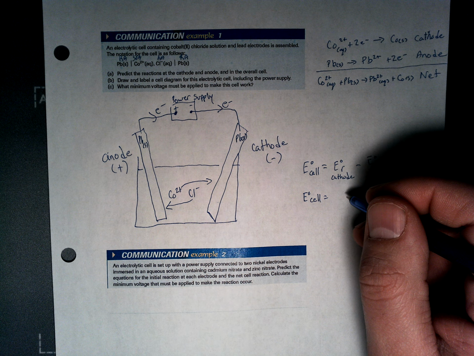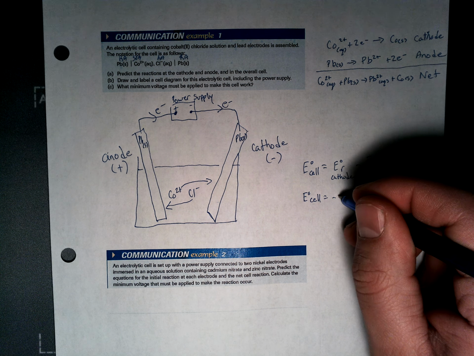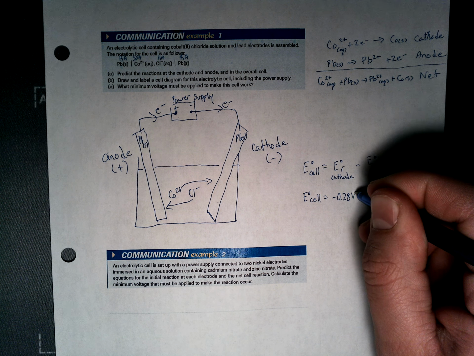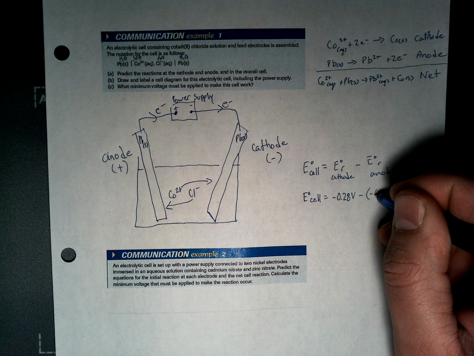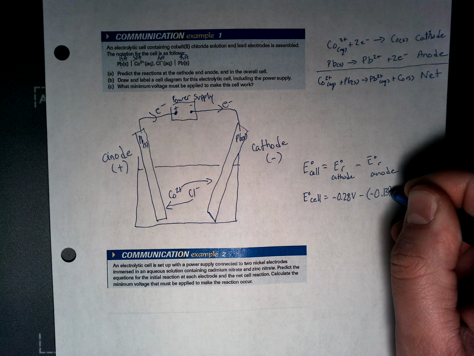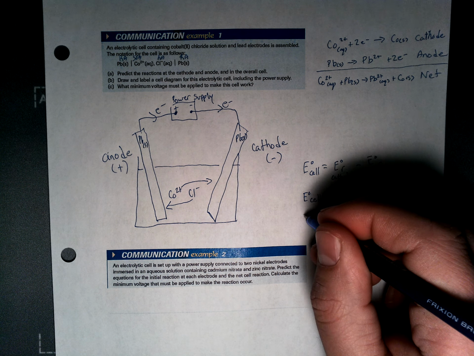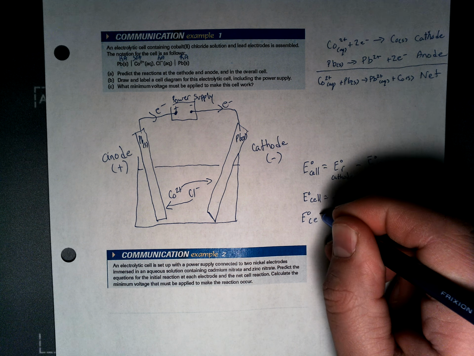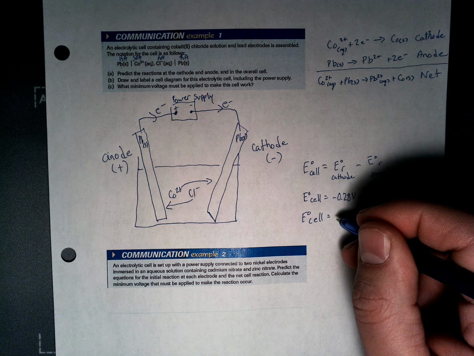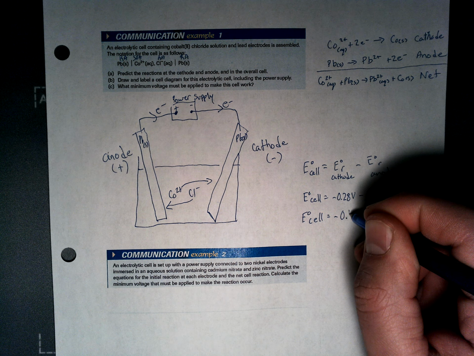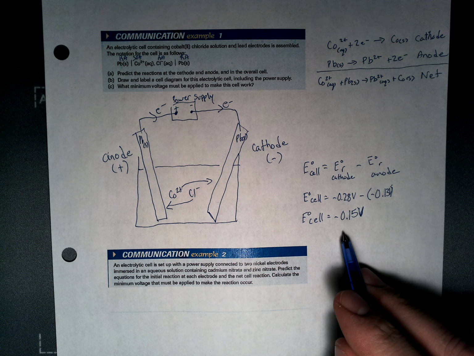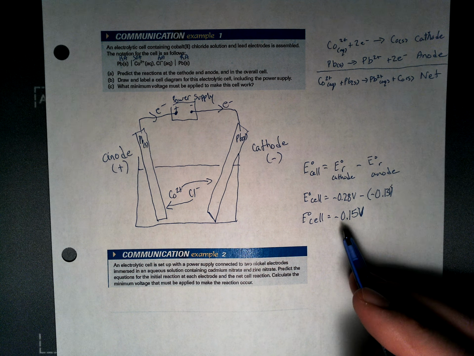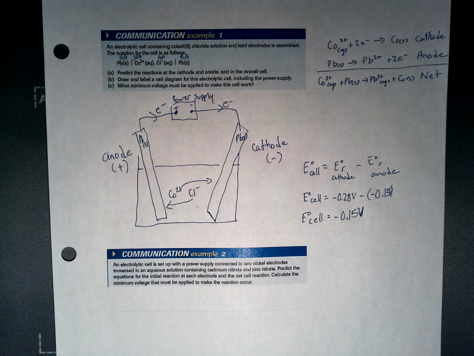So we get negative 0.28 volts minus negative 0.13 volts. And so our cell potential, minimum voltage, is negative 0.15 volts. Again, it should be negative for electrolytic cells, showing that we need this power supply to actually make these electrons move.